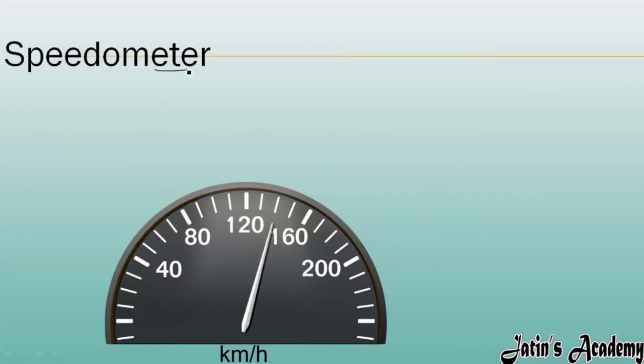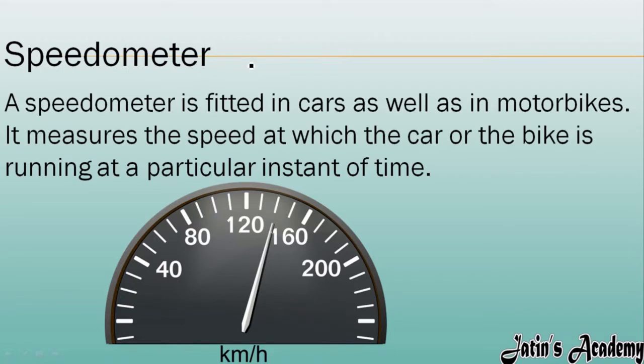Next, we are having the speedometer. Might be you have seen this kind of instrument installed in our Activas or in our car. So, what do you mean by the speedometer? Speedometer is fitted in cars as well as in motorbikes. Actually, speedometer is a device that is used in a car or bike to check the speed of the running car at a particular instant of time.